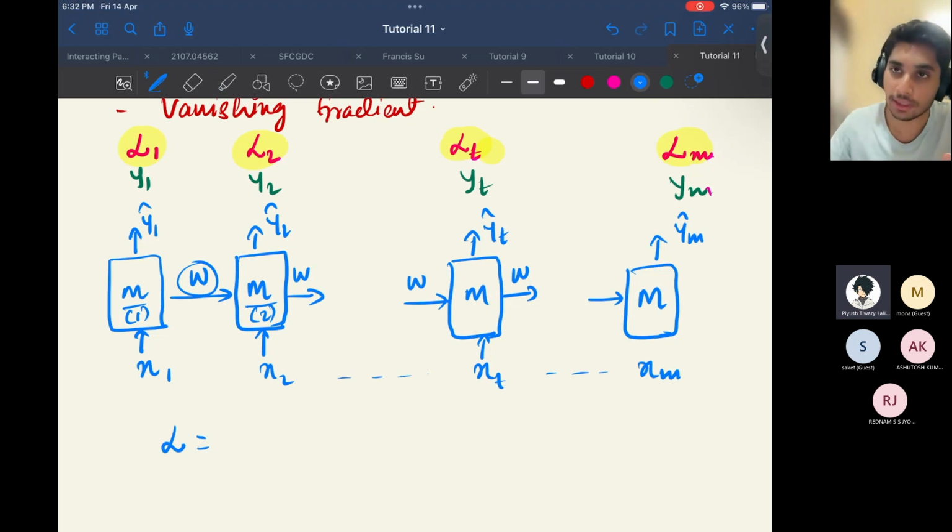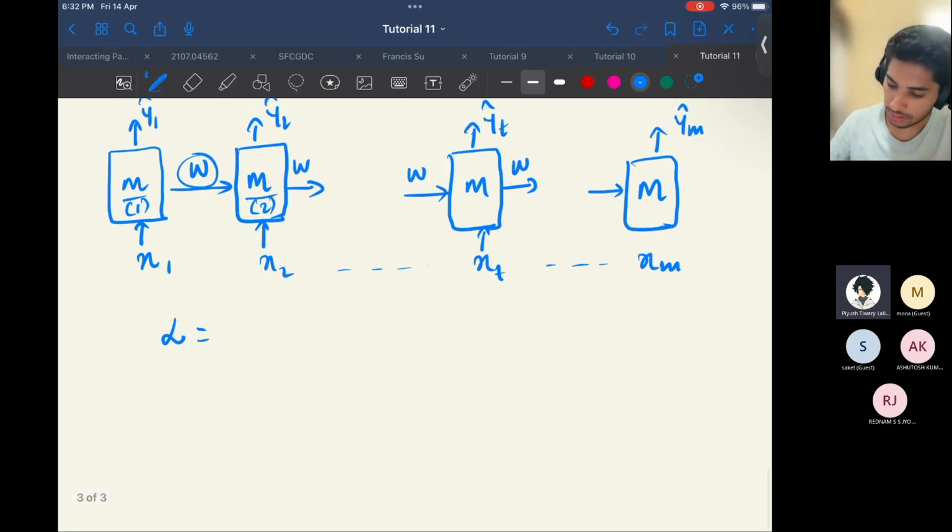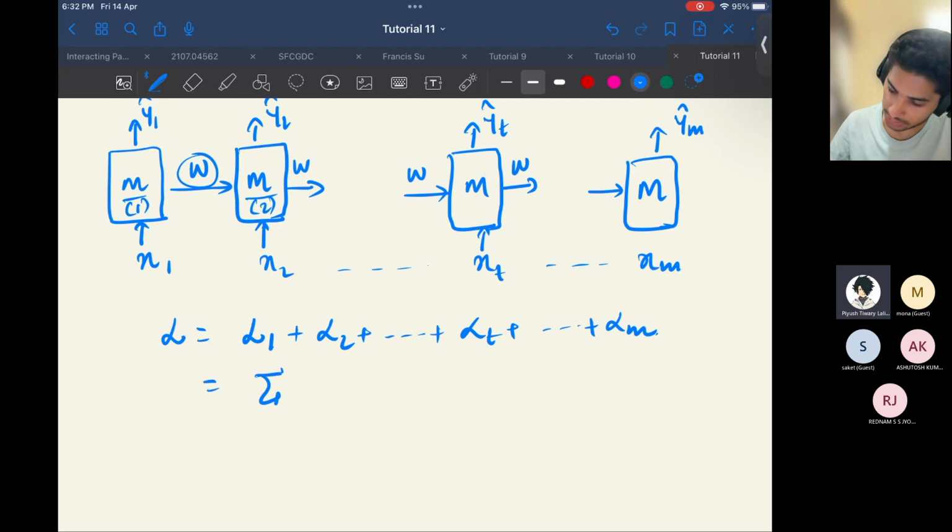If I reduce the sum of the Li's, I will eventually be reducing L1, L2, Ln individually as well, right? So what will be my overall loss function? It will be L1 plus L2 plus LT plus LM. What will this become? This is nothing but the summation of Li, where i is going from 1 to M.